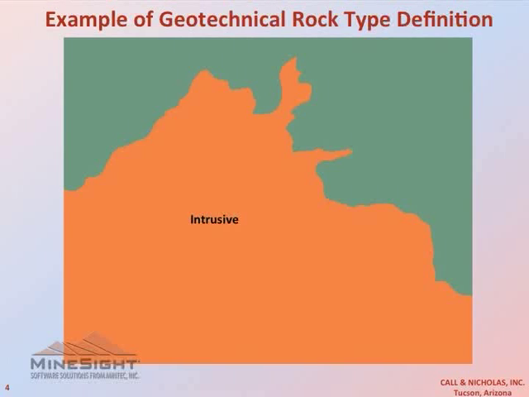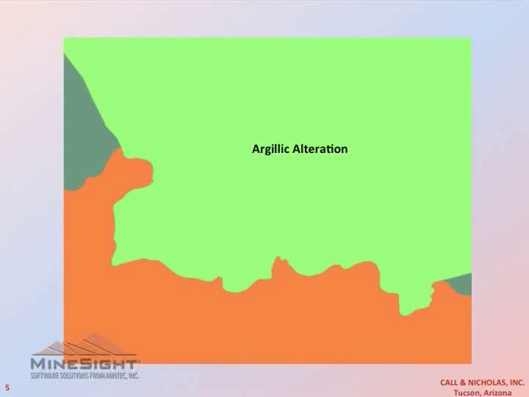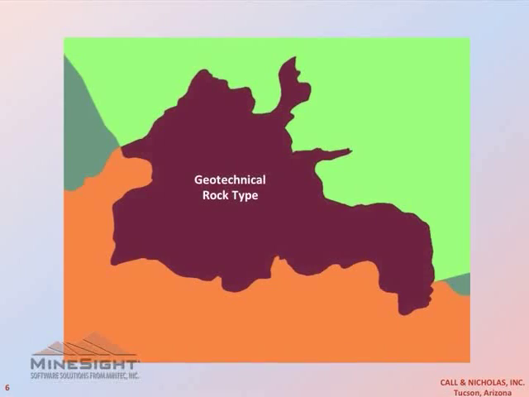Just a simple example. This is in 2D, of course, but this is going on in 3D also in the block model. You have an intrusive that is partly argillically altered, and geotechnically you're saying that argillic alteration is an adverse geotechnical parameter. By doing that, you end up with a geotechnical rock type, whatever it may be.